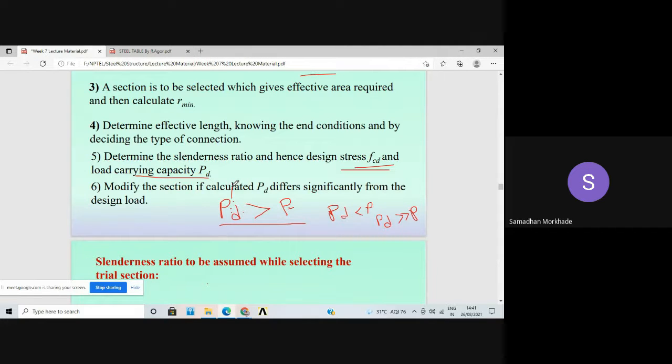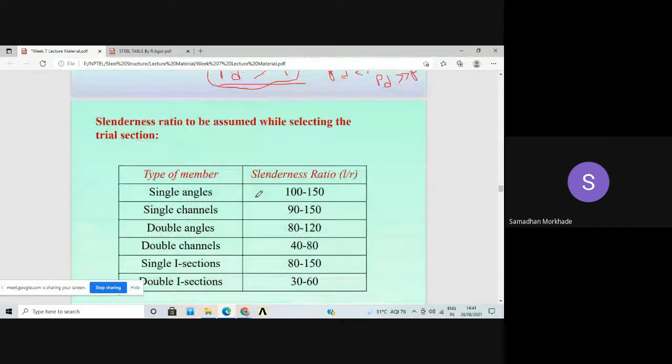Our design is safe but not economical. So PD and P must be close to each other for a safe and economic design. That is very important. These are the steps we have to follow for the design of compression members.